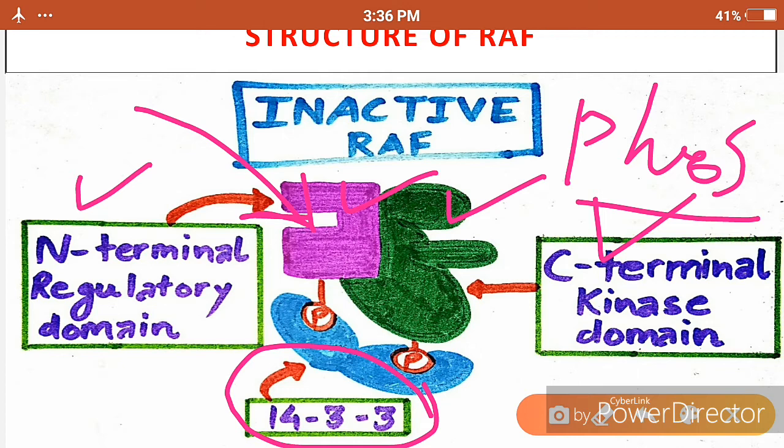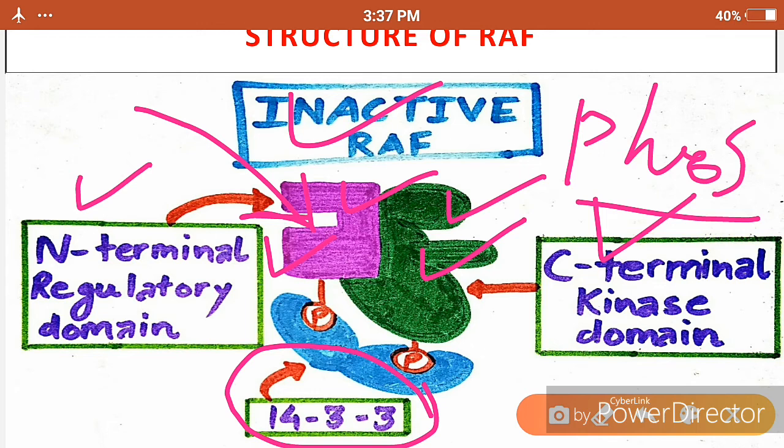One is the serine residue which is present on the N-terminal regulatory domain, and another one which is present on the kinase domain.